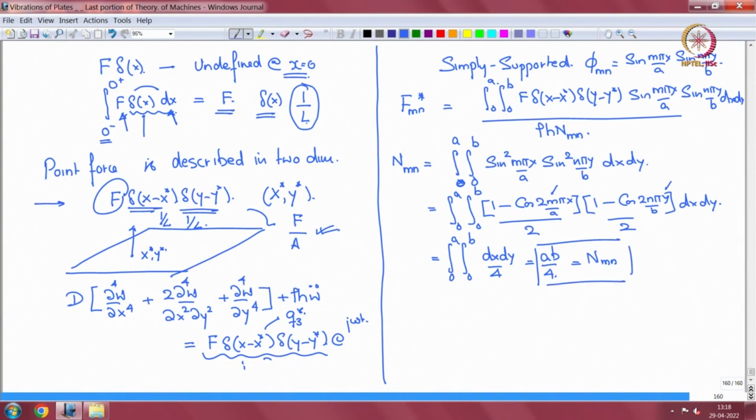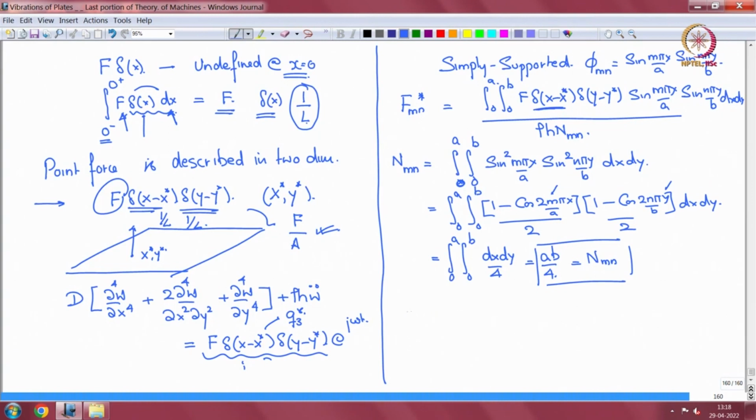Now let us look at Fmn star. This is a delta function. If you are familiar with the delta function, it has the shifting property. It is 0 everywhere and undefined over here, x equal to x star, and it works only on an integral.